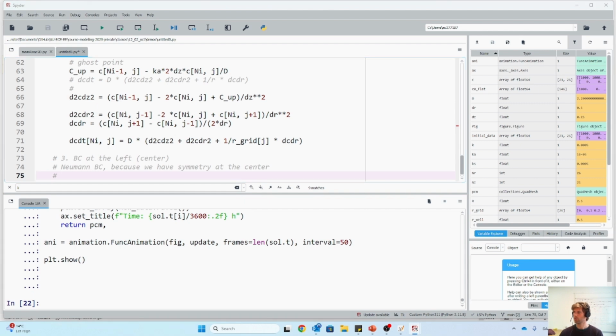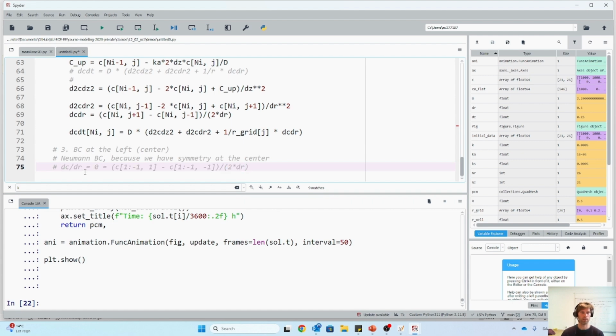So if we have, again, Fick's law, we can actually derive that the discretized Fick's law here, which should be equal to 0 because we have symmetry, and we can then see that this point here, which is 1 to the left of the left boundary, must be equal to this one in order for us to get 0 in this whole term.